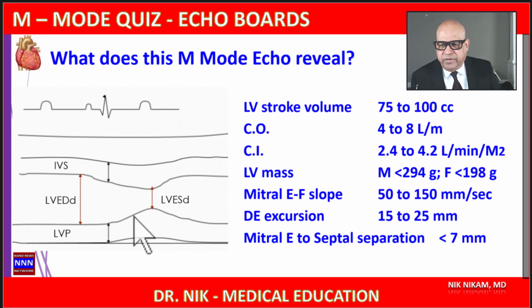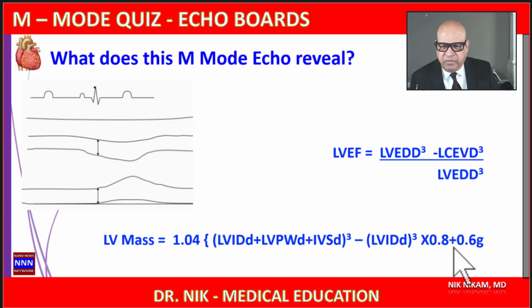The mitral valve E to F slope, it's not shown here, is between 50 and 150 millimeters per second. And I already mentioned the mitral valve E to septal separation should be less than 7 millimeters, or say less than 1 centimeter. Alright, let's continue.